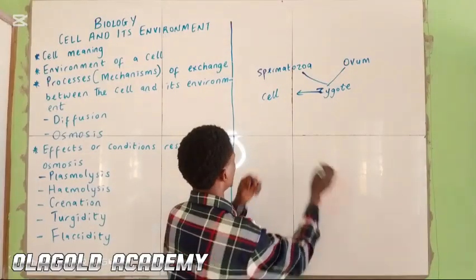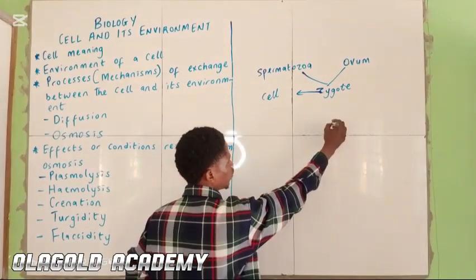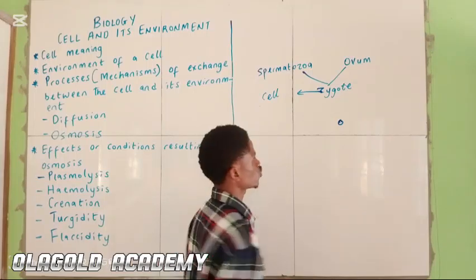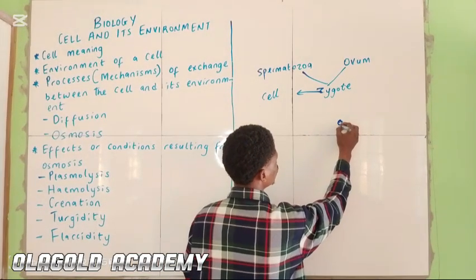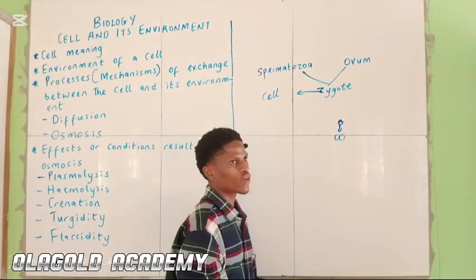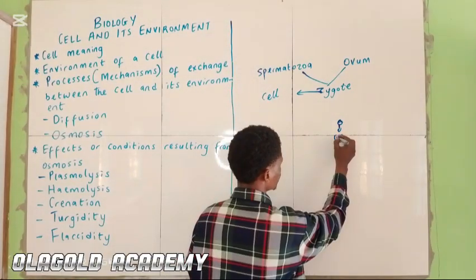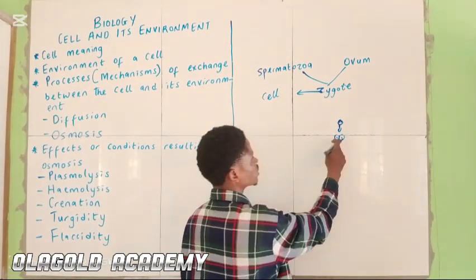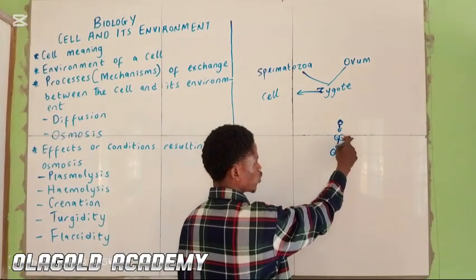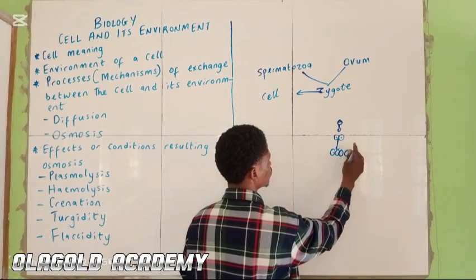Like, for instance, we have one cell undergoing cell differentiation to become two cells. This one cell becomes two, and this one cell also becomes two.